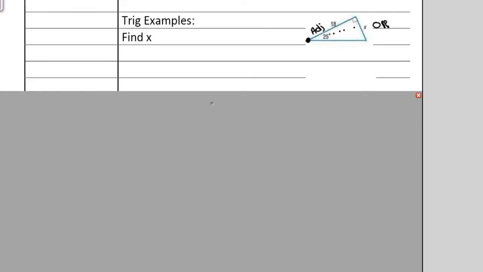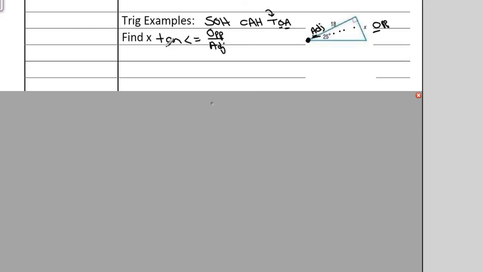And then I write down my sayings. So, SOH CAH TOA. And I look to see which one of these does it match. Well, we have an O and an A. So it's OA, it's tangent that we'll be using. Tangent stands for tangent of an angle equals opposite side over the adjacent side.